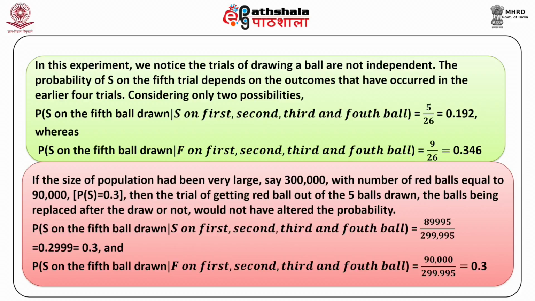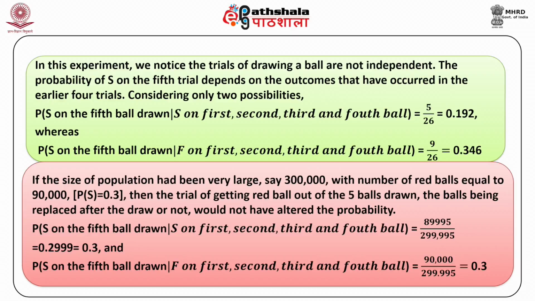However, in this experiment, we must notice that the trials of drawing a red ball are not independent, because, for example, the probability of S on the fifth trial depends on the outcomes that have occurred on the earlier 4 trials.